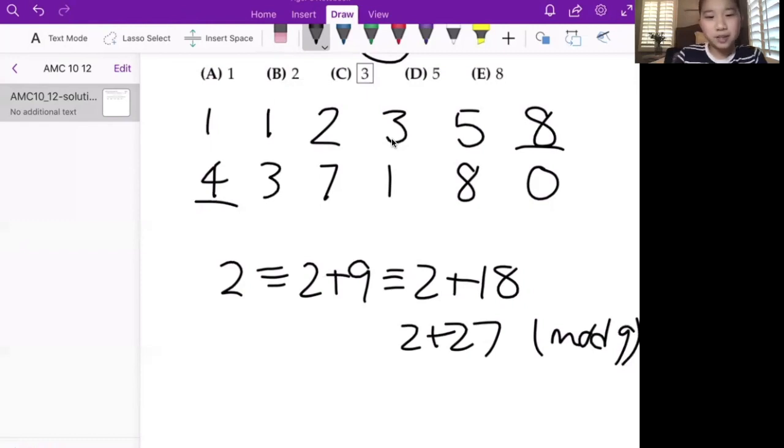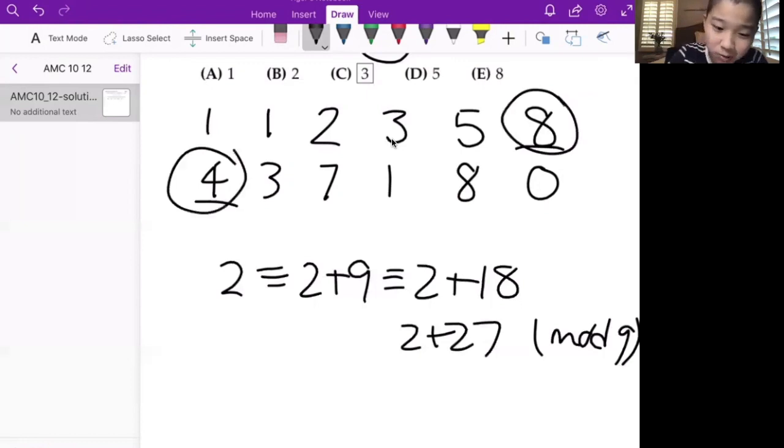So this one is similar. We just take the mod 9s, and then it will be consistent with the original sequence. Like 8 plus 4 equals 12, and then 12 minus 9 is 3. So that's the 3.